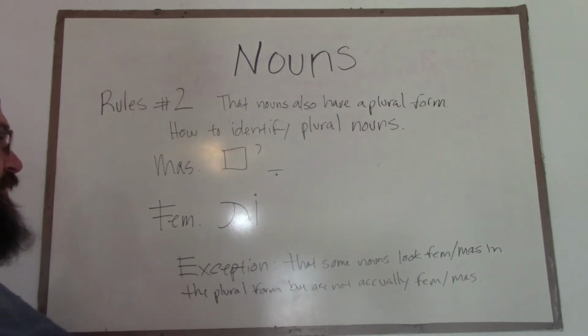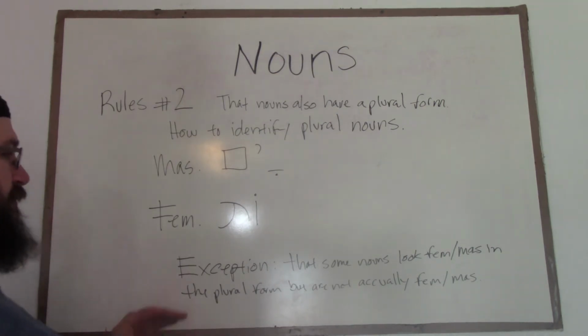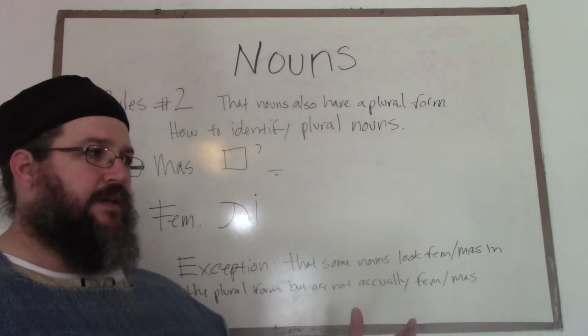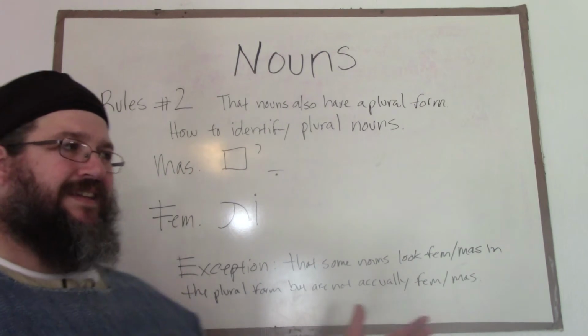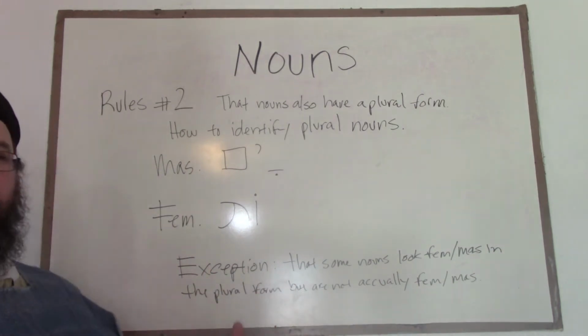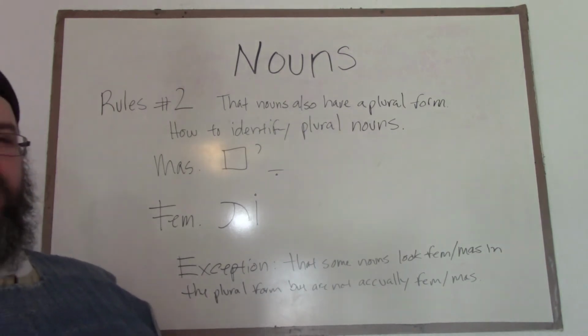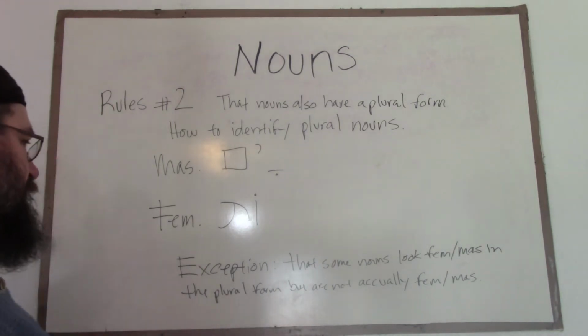Or, this is another exception, that there might be a noun that is masculine in its normal form, but it takes on a feminine ending in its plural form, okay? And this is something we have to understand, that these are irregular nouns, okay?